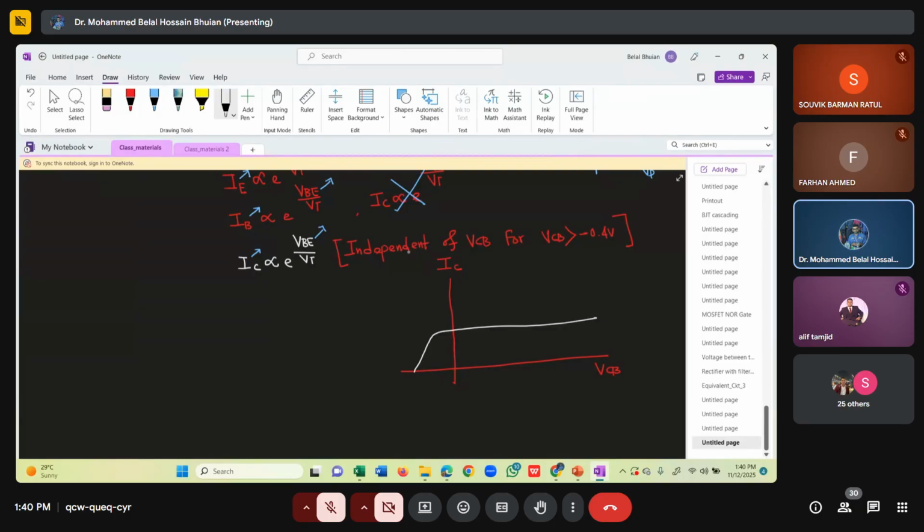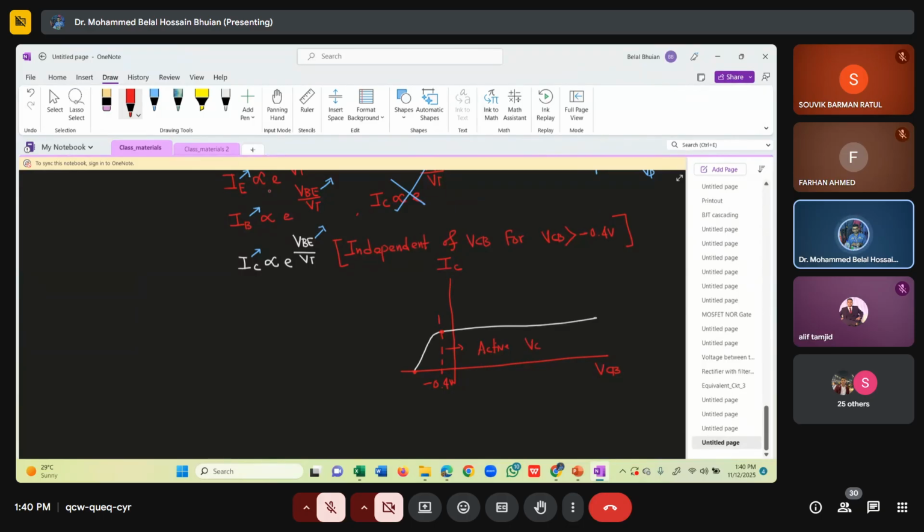The IV characteristic consists of two parts, one changing, one constant. That happens at minus 0.4 volt. Any value to the right is the active region.